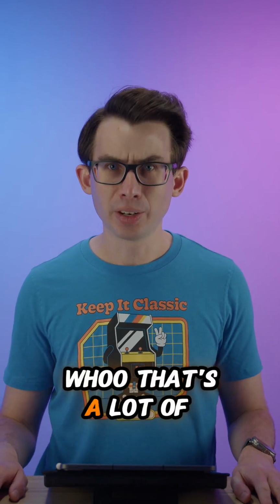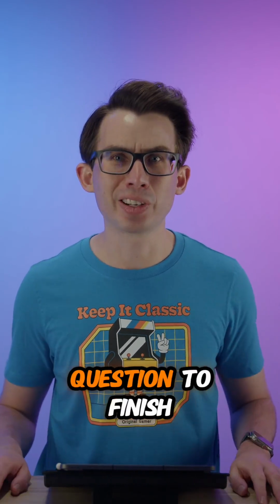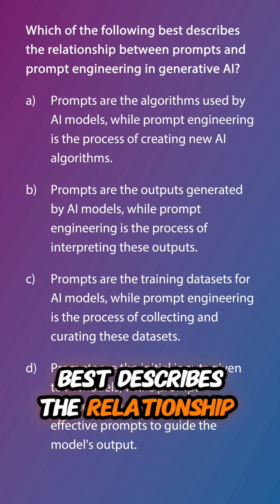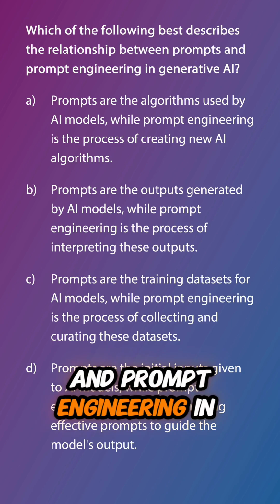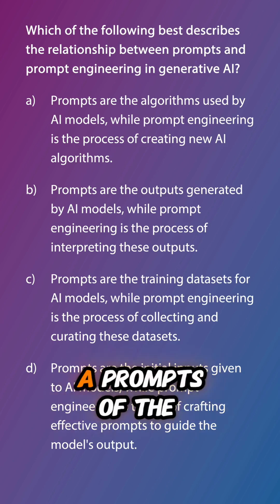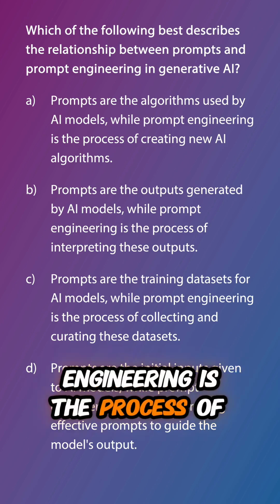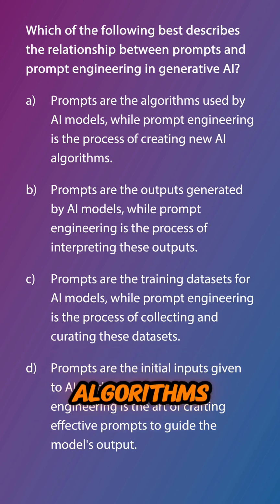Whew, that's a lot of terminology. Let's do a review question to finish off. Which of the following best describes the relationship between prompts and prompt engineering in generative AI? A, prompts are the algorithms used by AI models, while prompt engineering is the process of creating new AI algorithms.